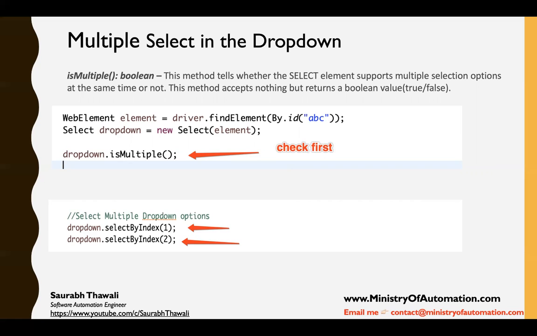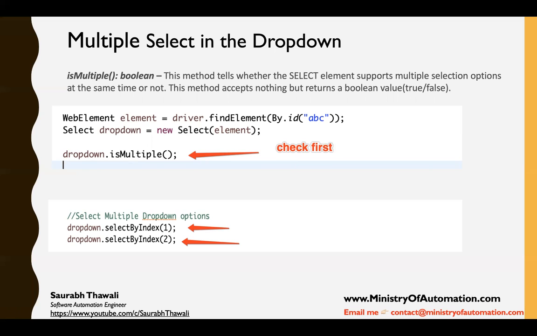It's going to return you a boolean, and if you get a return as true, then you can have a multiple selection. And for multiple selection, you don't need to do anything super complicated. You just need to repeat dot select by index or dot select by value or dot select by visible text, whatever you decide, one after another to select multiple values in the drop down, right?